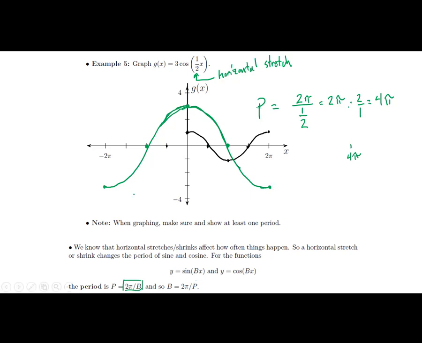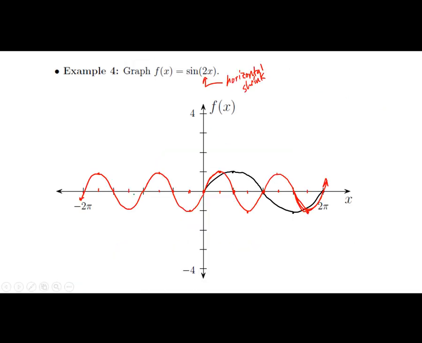Let me just backtrack to that last example and see how that works here. I would say my period is 2 pi divided by 2, which of course is pi. So I could look at this and say, I'm going to graph the sine function, but I'm just going to make sure I get done with a full period after pi.